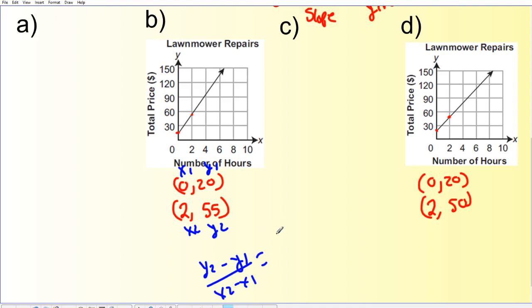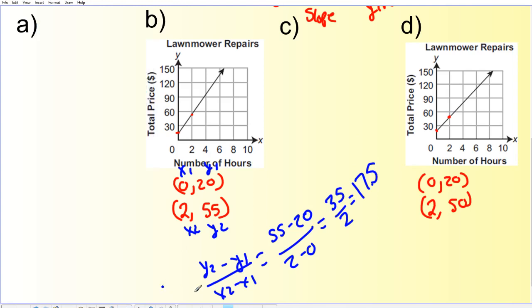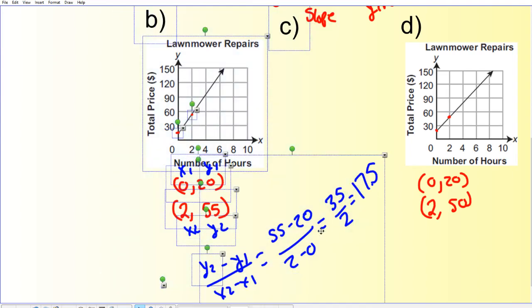If I plug in my numbers, 55 minus 20 over 2 minus 0 gives me 35 over 2, which is 17.5. That's pretty close to 15. I'm estimating, right? So I could be off by a little bit. I don't want to just right away say that's my answer, because maybe it's not. But it's pretty close.